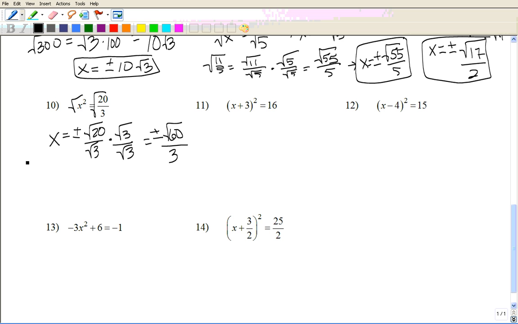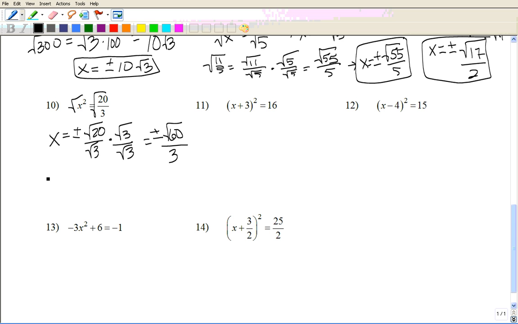Well, 60. If we think about the factors of 60, we have 1 and 60, 2 and 30, 3 and 20, 4 and 15, and 4 is a perfect square. And as it turns out, 4 is the largest perfect square that we can get from 60.